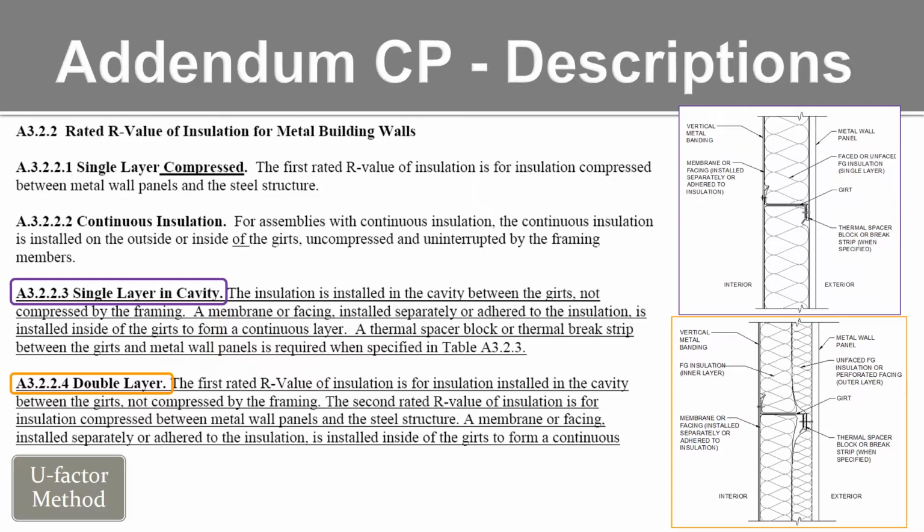The second rated R value of the insulation is compressed. And you may or may not have a thermal spacer block or a brake strip tape. And the vapor retarder may be adhered or separated and installed as one sheet that would cover the girt, as opposed to exposing it.